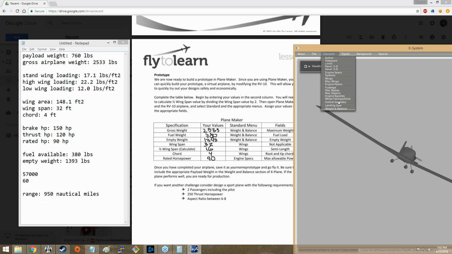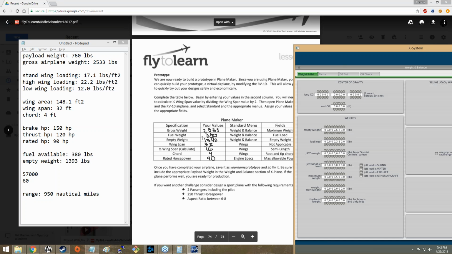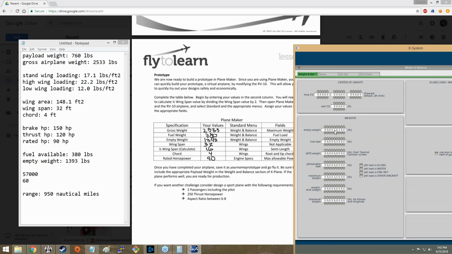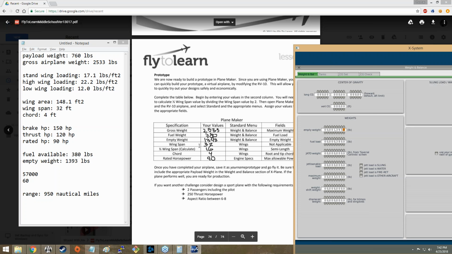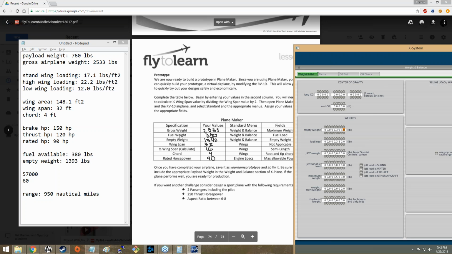There we go, weight and balance. All right, empty weight is going to be 1,393. And then fuel load is going to be our fuel weight, so 380, that's already in there.